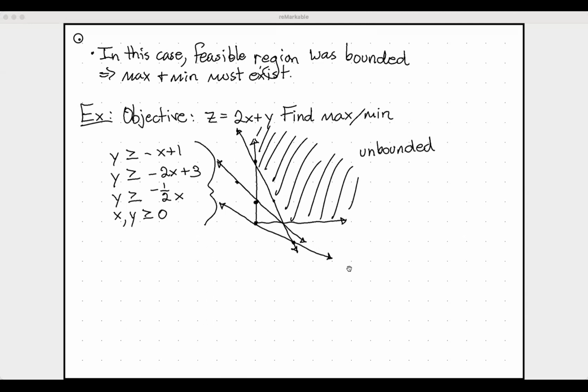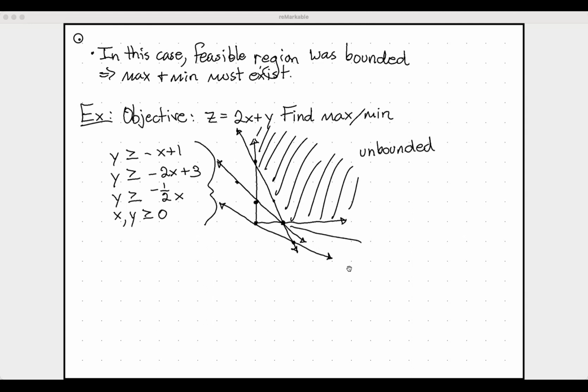What that does mean is that we're not guaranteed to find a max or a min for z. One or both might exist, or none might exist. So let's think about it and see what we come up with. Our corner point theorem says that if a max or a min does exist, it must exist at the corner points of this feasible region. There's two of them.